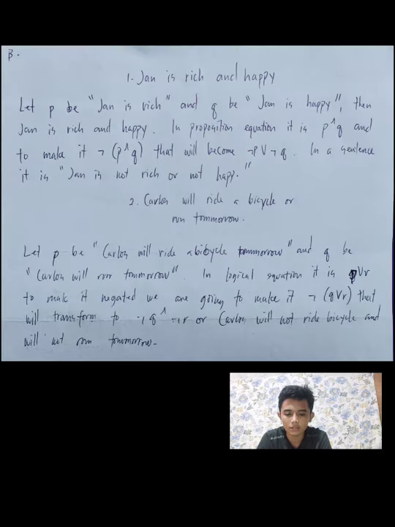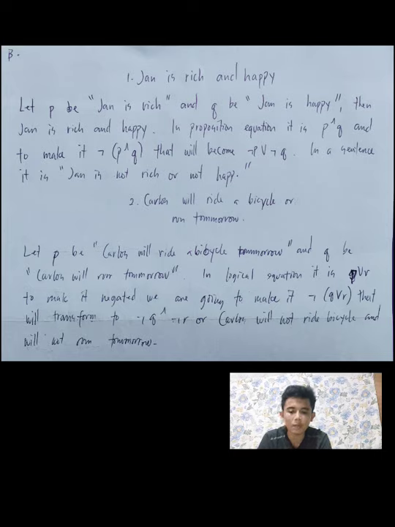Next is B. Use De Morgan's laws to find the negation of each of the following statements. My answer, I will tell you directly. Number 1, John is rich and happy. Let P be John is rich and Q be John is happy. Then John is rich and happy.